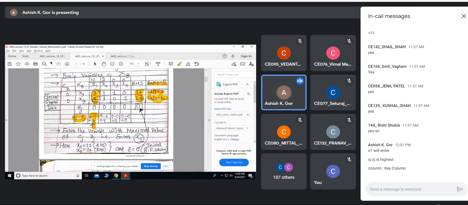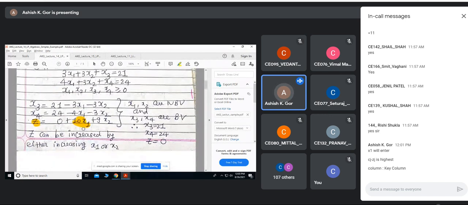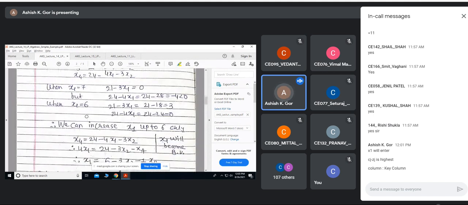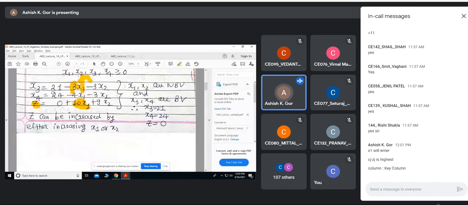In the same way, which variable should leave? I explained to you that if you increase x1, there is a certain limit beyond which you cannot increase. Yesterday I told you that you can increase maximum up to 6, because the minimum out of 7 and 6, since x3 and x4 cannot be negative.